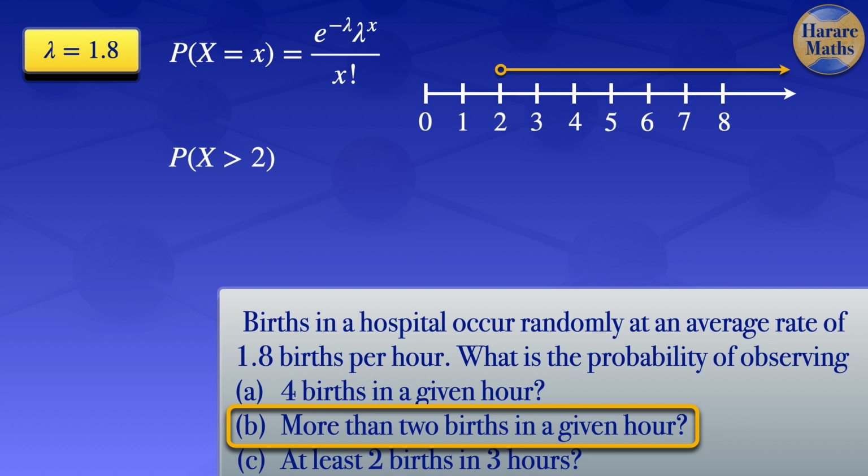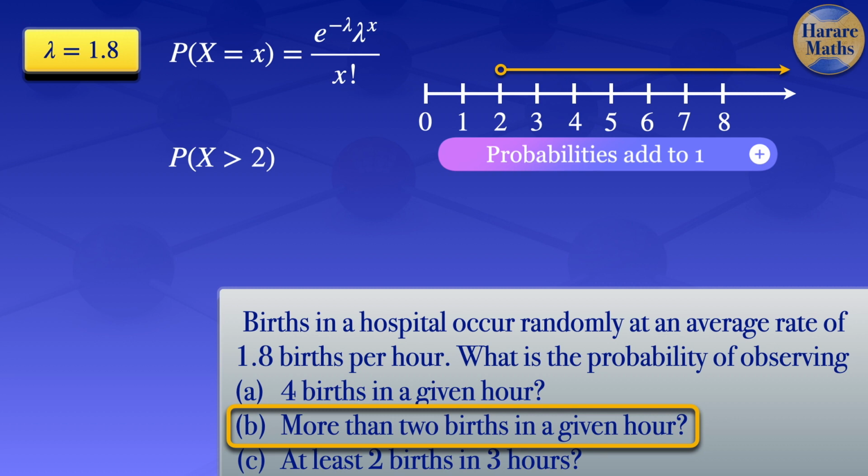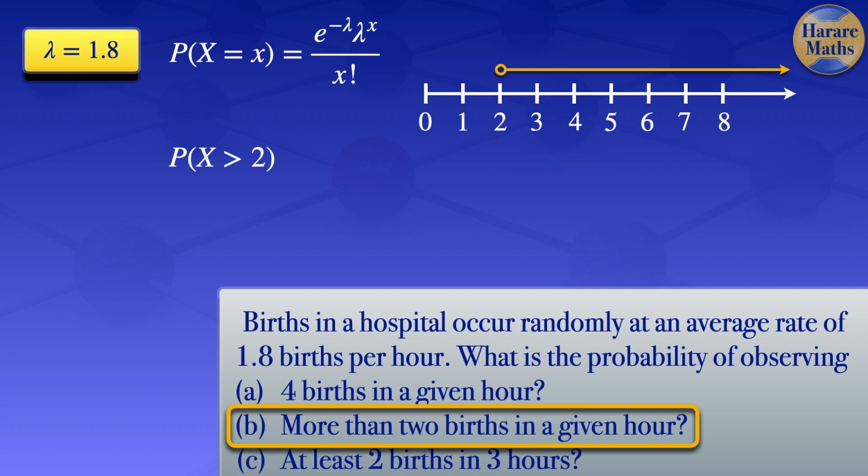So to calculate the probability that X is greater than 2, if we're looking at these discrete probabilities, it might be difficult to list all those probabilities because they are infinitely many. So we can use the property that probabilities add to 1. The probabilities for values greater than 2, if we add them to the probabilities for X less than or equal to 2, the ones that I've highlighted on top there, will give us 1.